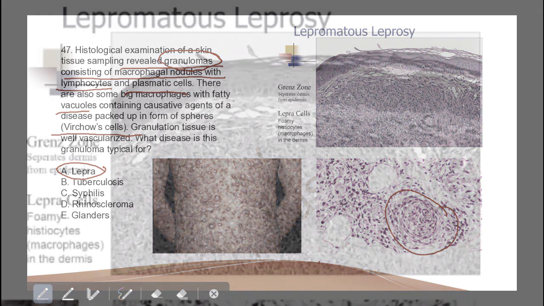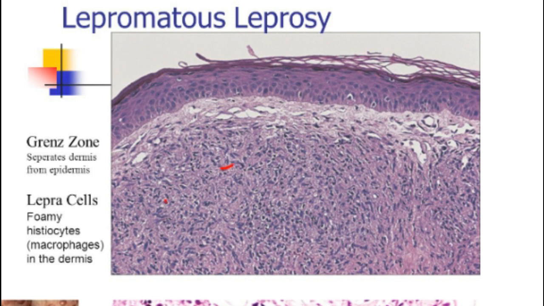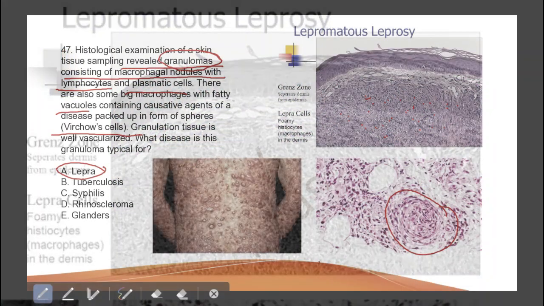Like you can see here, foamy histiocytes, many macrophages that are still trying to kill the pathogenic factor.